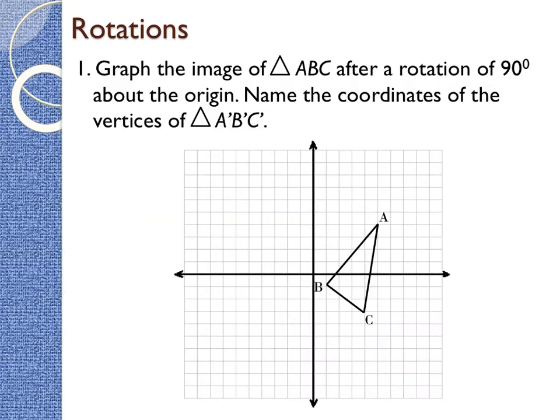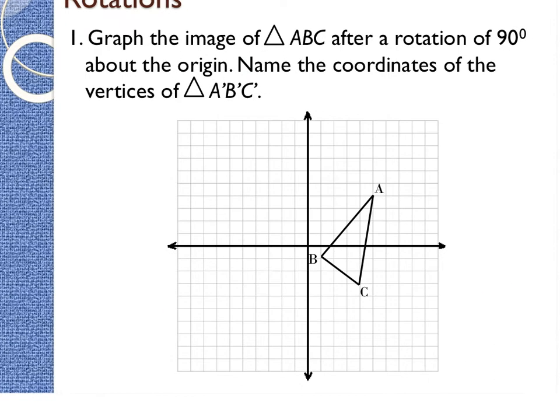Okay, the first one, we're going to graph the image after a rotation of 90 degrees about the origin. Then name the coordinates of the vertices. So we're going to go 90 degrees. It did not tell us, so we're going to go counterclockwise.